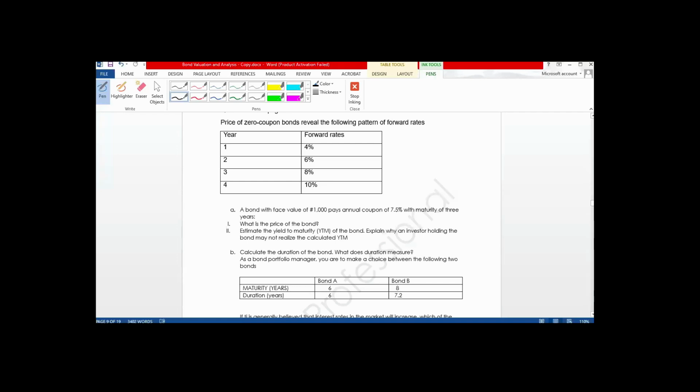Also, please note, yield to maturity is also called gross redemption yield. The gross redemption yield. All right, let's go to this calculation.